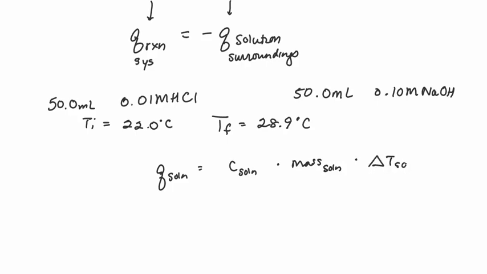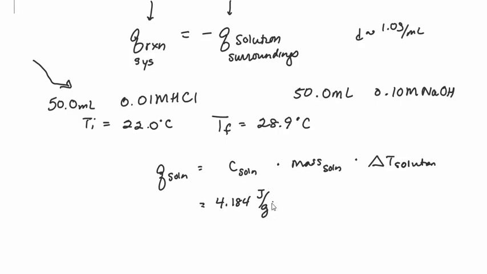Now, when you're working with an aqueous solution like this, in water, we approximate the density at 1 gram per milliliter. So unless you're told differently, the density should be 1 gram per milliliter. It's possible in your lab you have to measure your own density. That's okay too. So the C of the solution, the specific heat capacity, because we're working with aqueous solutions, is going to be 4.184 joules per gram degrees Celsius, multiplied by the mass of the solution.